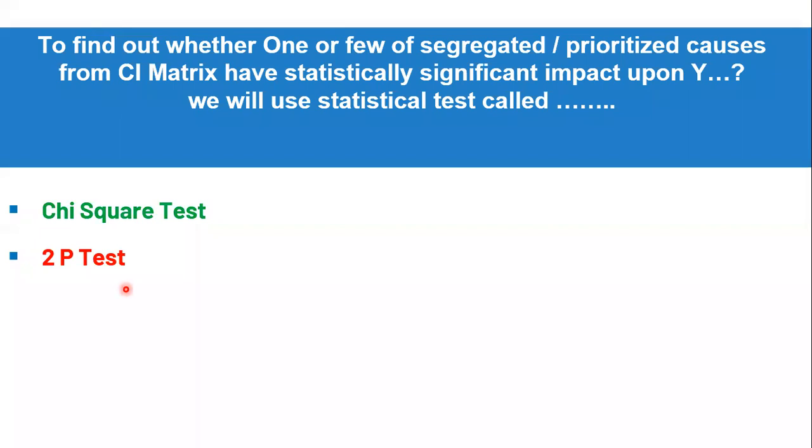Now, what is 2p test? Maybe in the next phase, the improve phase, we're going to look into what is 2p test. But right now, chi-square test. So to find out whether one or few of the segregated or prioritized causes from the CI matrix have statistically significant impact upon Y, we will use a statistical test called chi-square test.